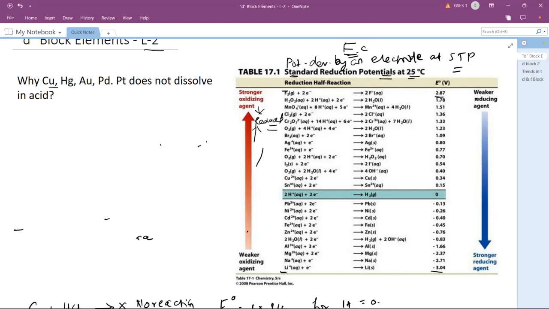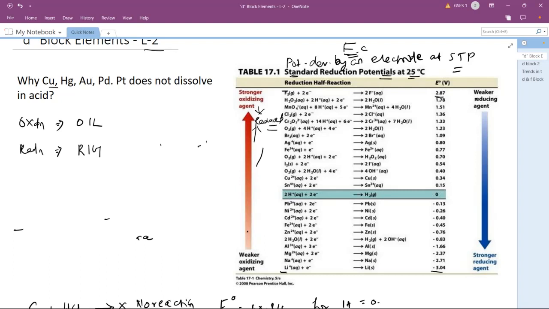First, oxidation is nothing but loss of electrons, OIL: oxidation is loss of electrons. Reduction is nothing but gain of electrons, RIG: reduction is gain of electrons. This we all know.